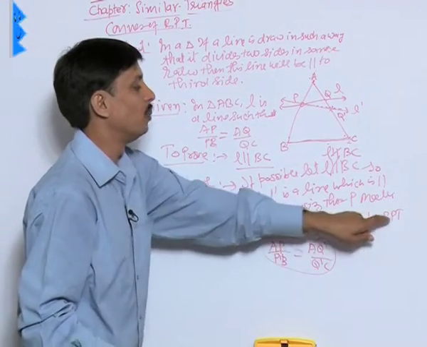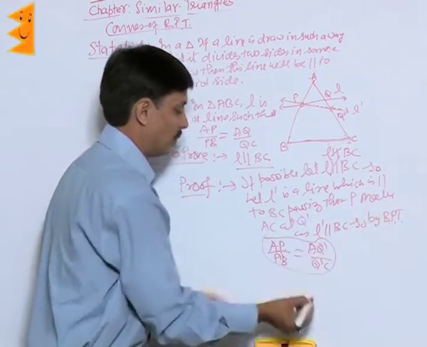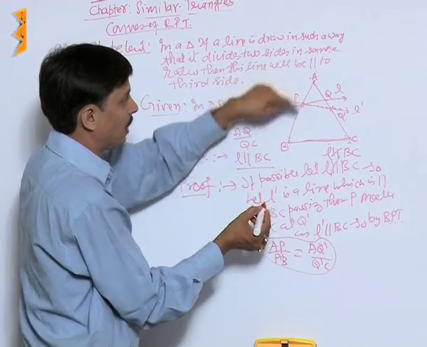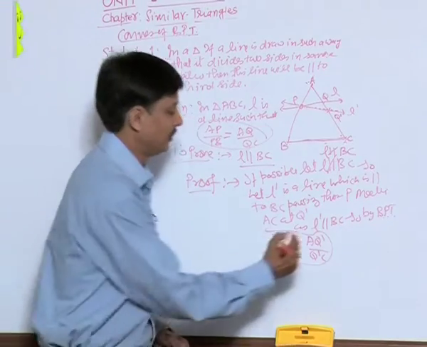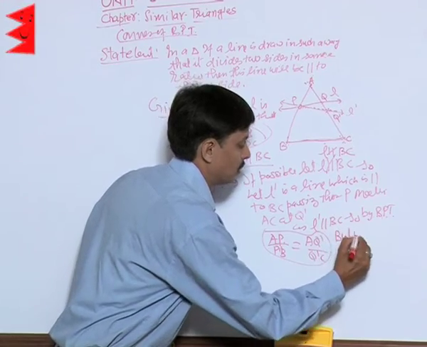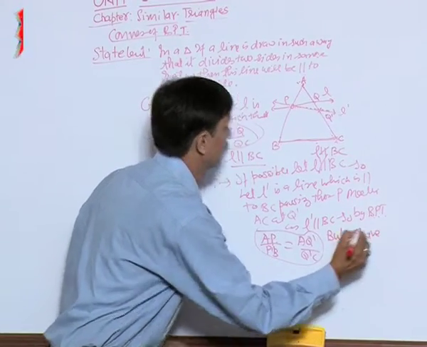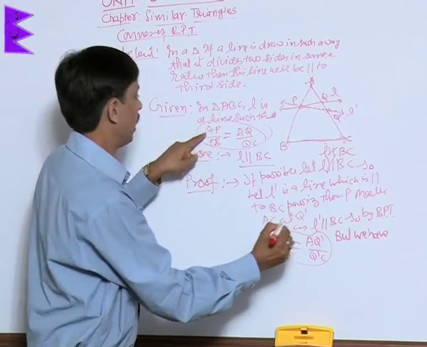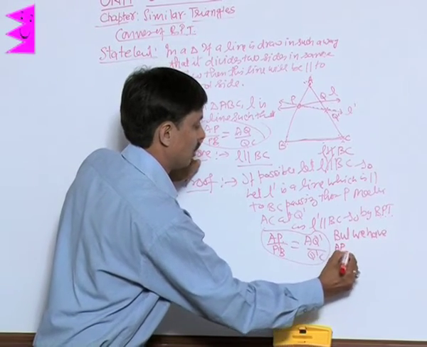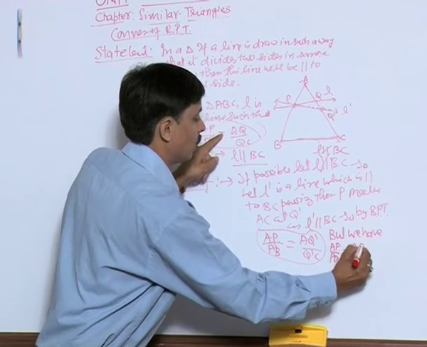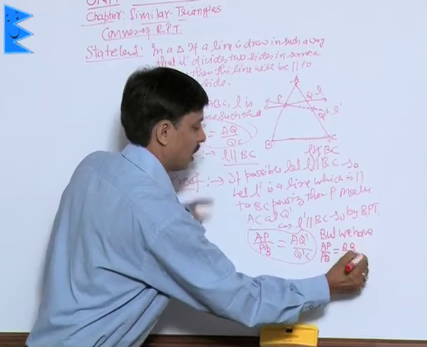But we have, as given, that AP upon PB is equal to AQ upon QC.